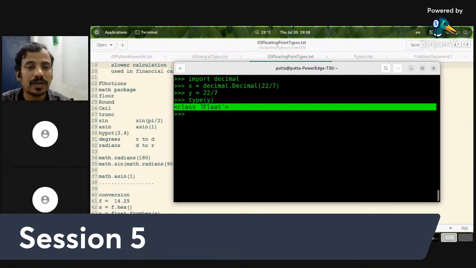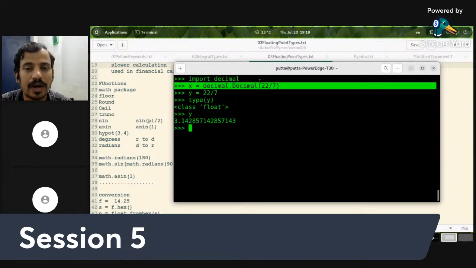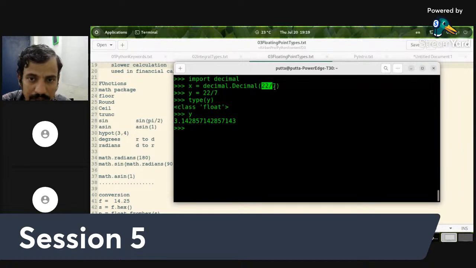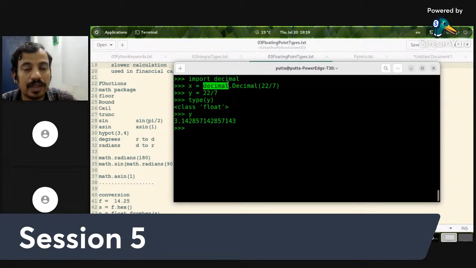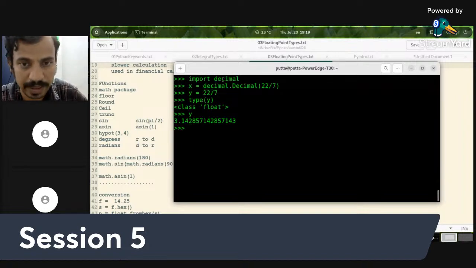So let's print the value of y, and x here also stores 22 by 7, but not in float format, but in the decimal format. If you want to create a decimal value, you have to use the syntax: the variable is equal to, and then you write the package decimal dot decimal. This is an object of type decimal belonging to the lowercase decimal package.